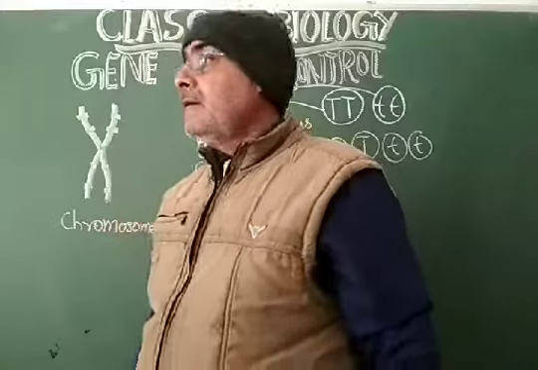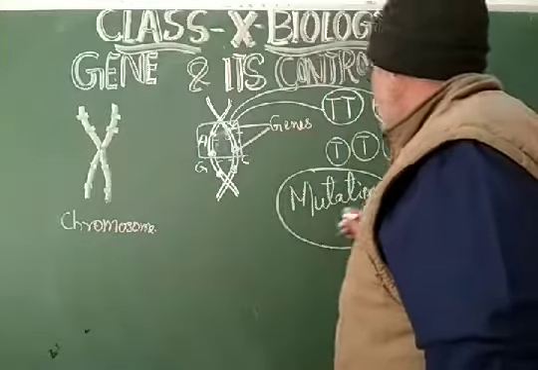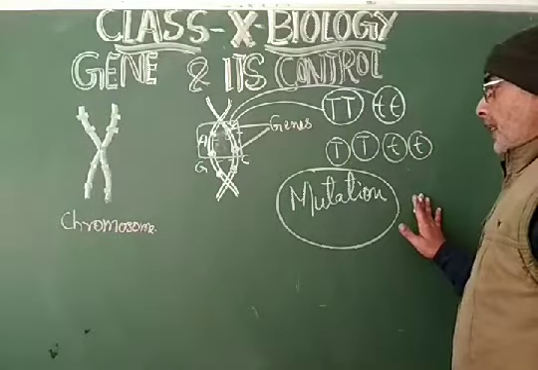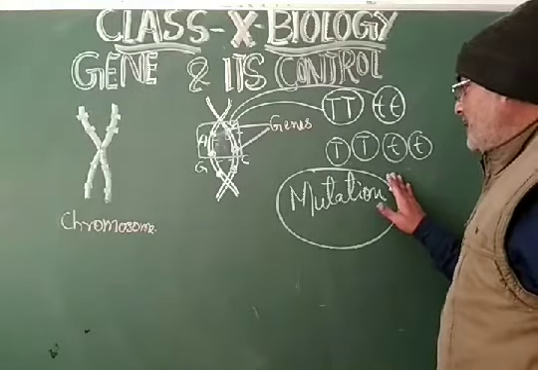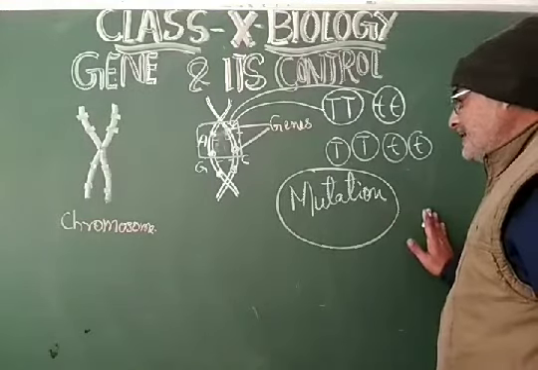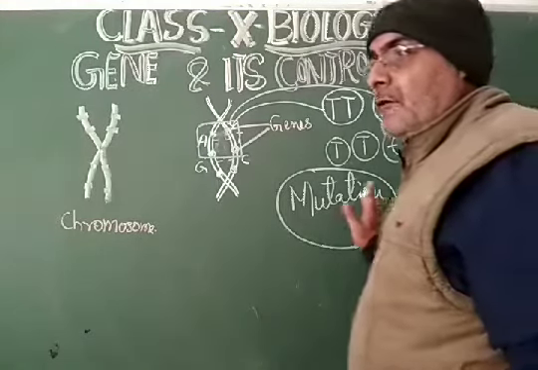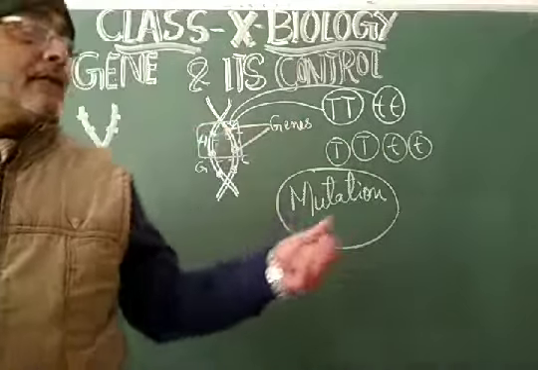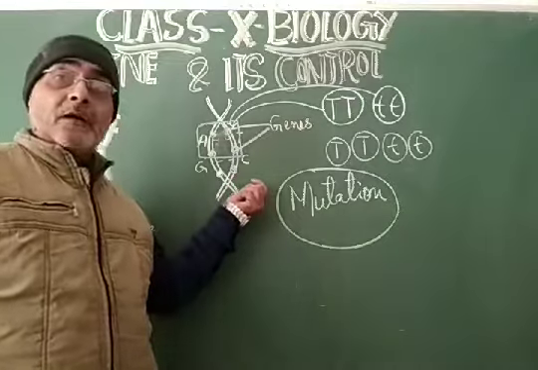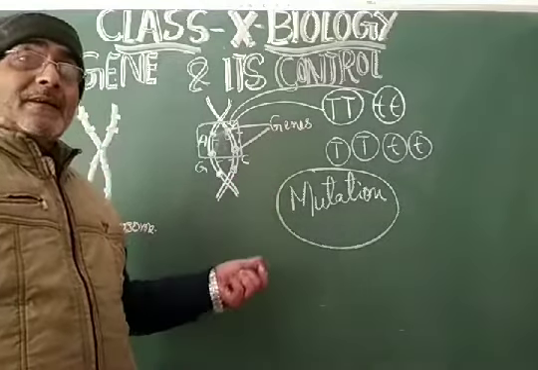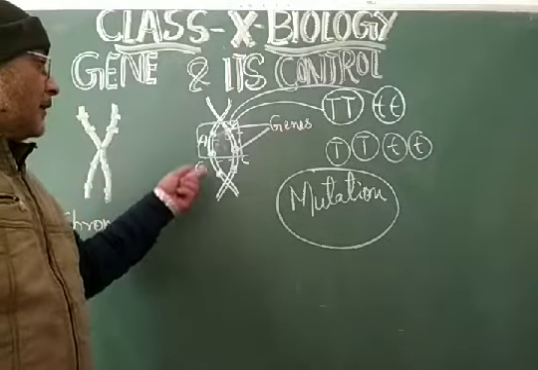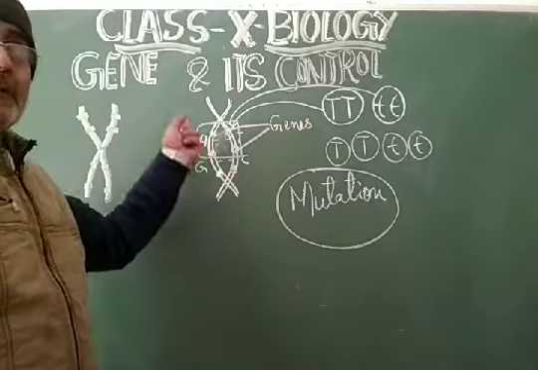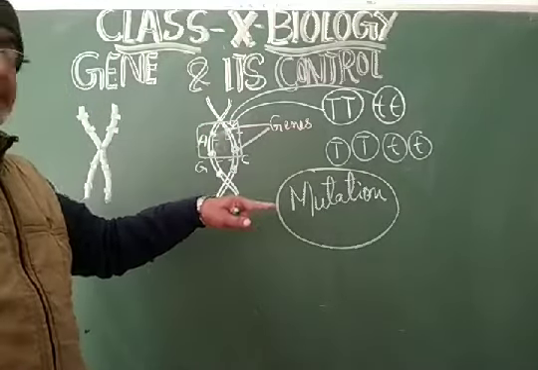Therefore, students, very clearly you can say that these factors, which are called genes, are responsible for transferring characters from one generation to another generation, and this is called the genetic control of inheritance. It means inheriting a character by the offspring from the parents.